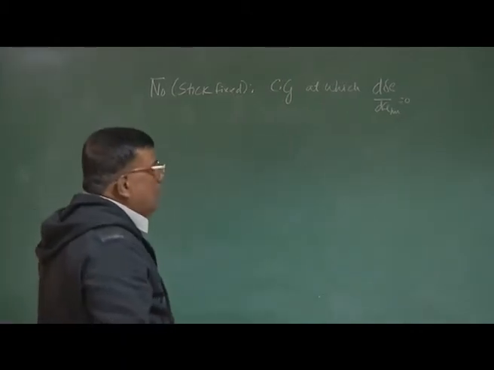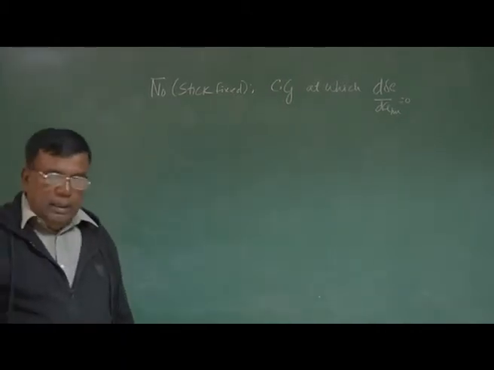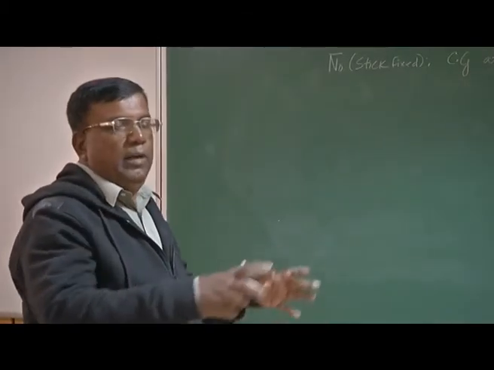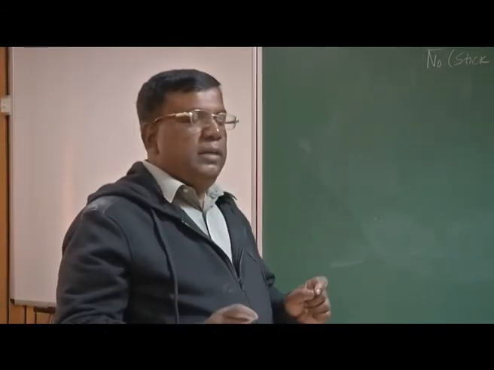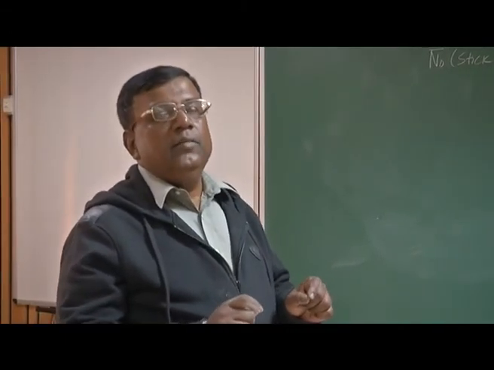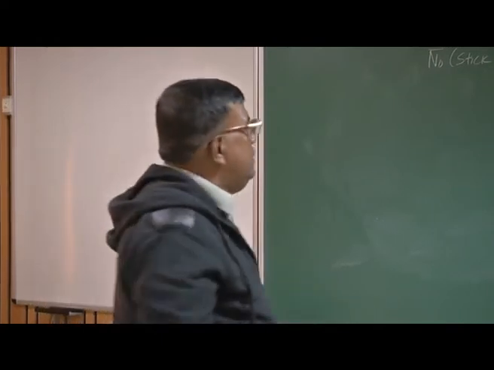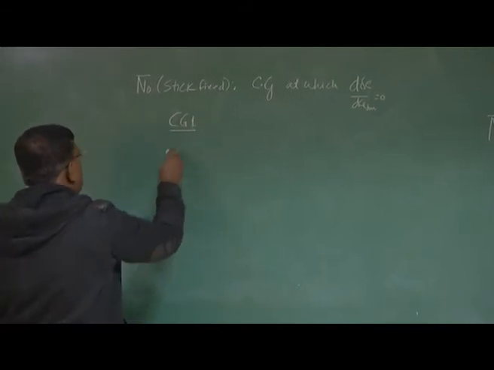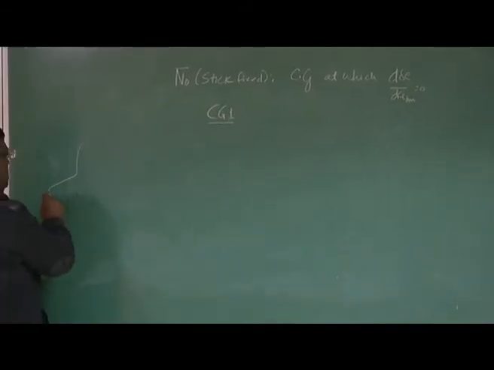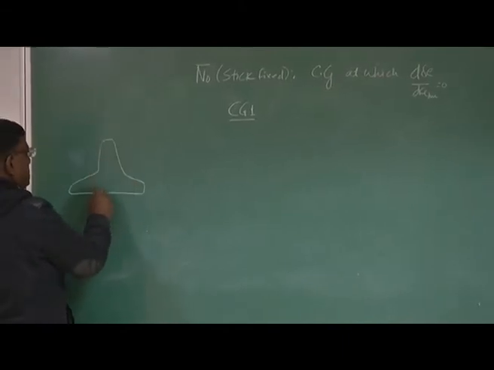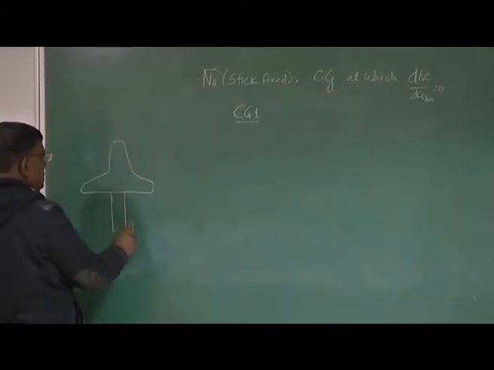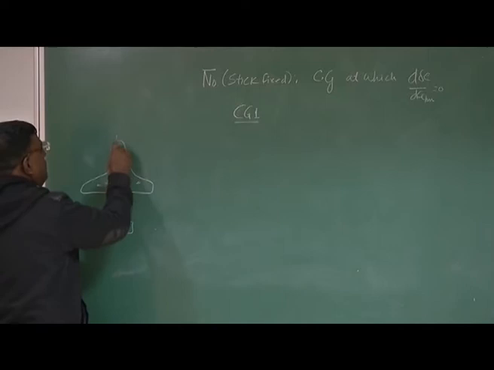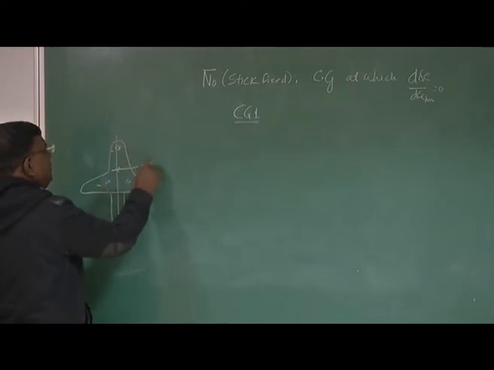What I do, I take an airplane, I take 3 passengers, and I take the weight in the weighing balance in the hangar, and I calculate the CG of the airplane with passengers on. Let's say that is CG1. So what is CG1? If this is the airplane, passengers are sitting here and the pilot is here. So this is the CG1.